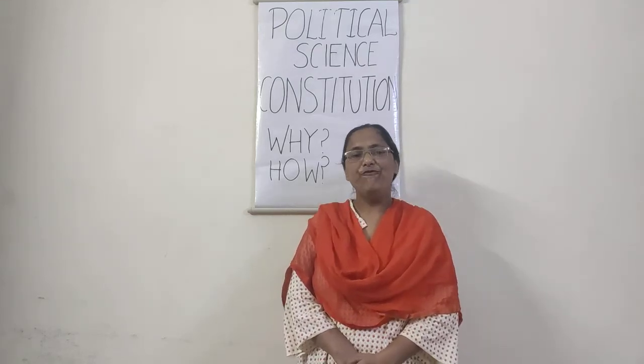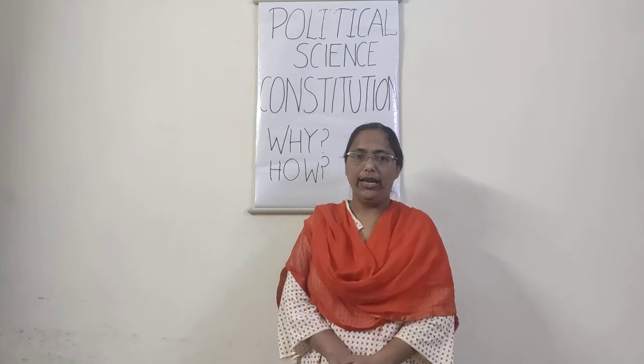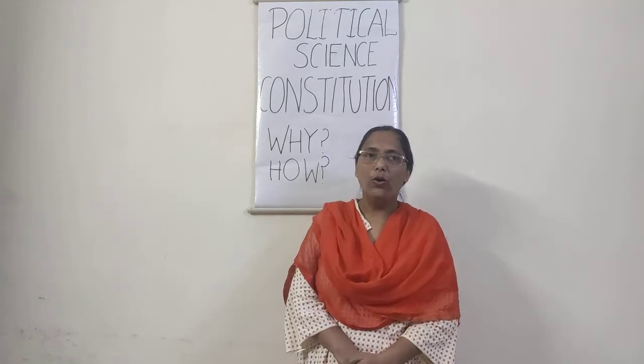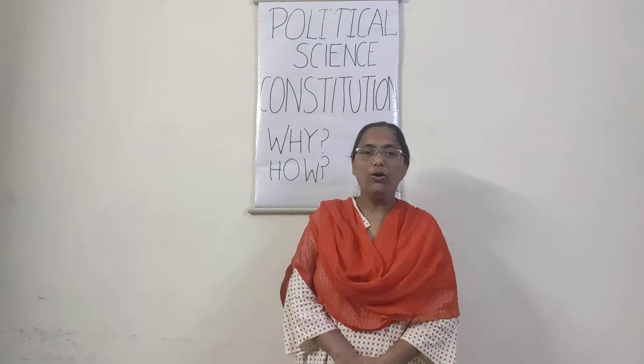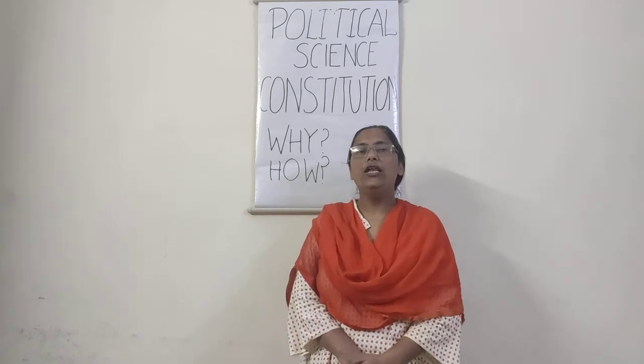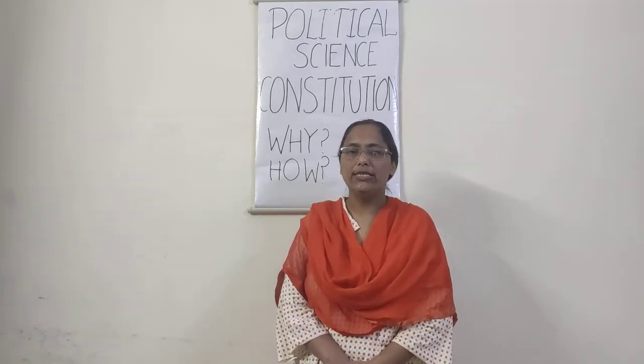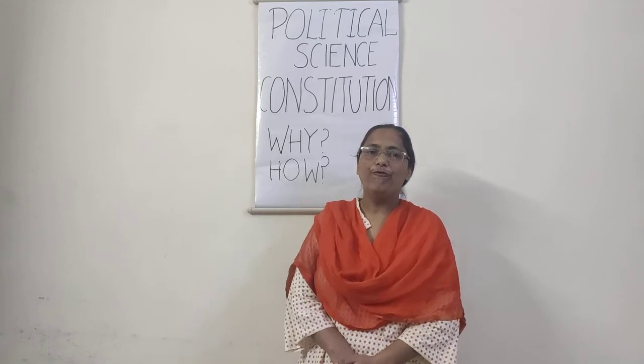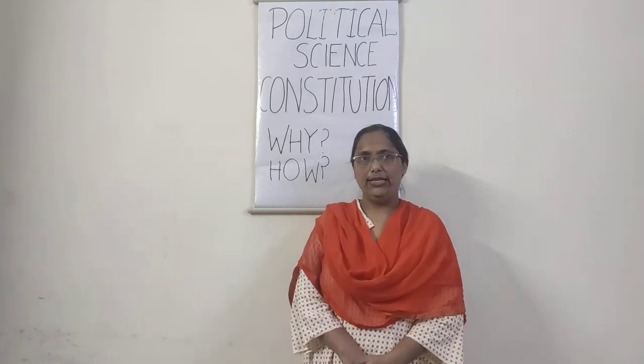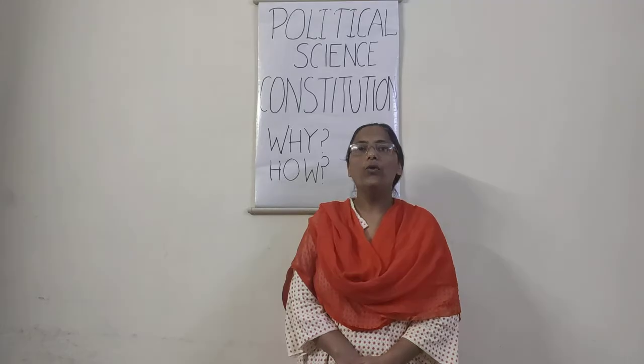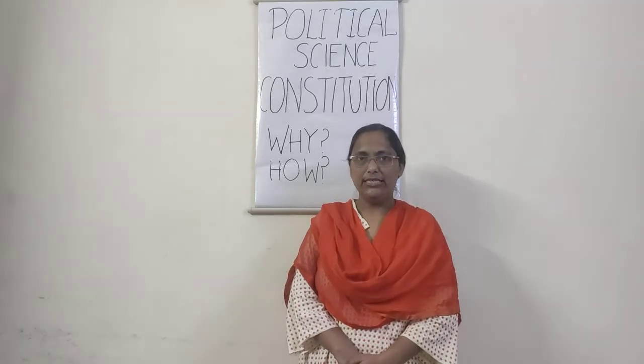The last and very important, second last point is that the constitution allows the government to fulfill the aspirations of the society and create conditions for a just society. Here we talk about the aspirations and the needs.